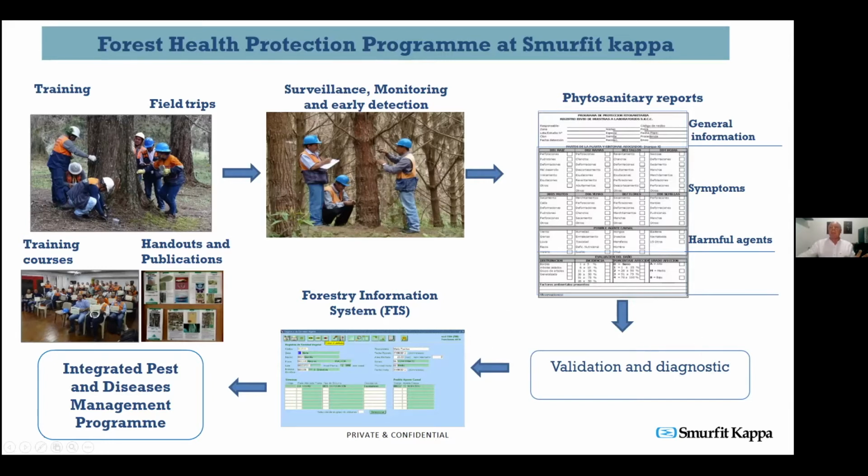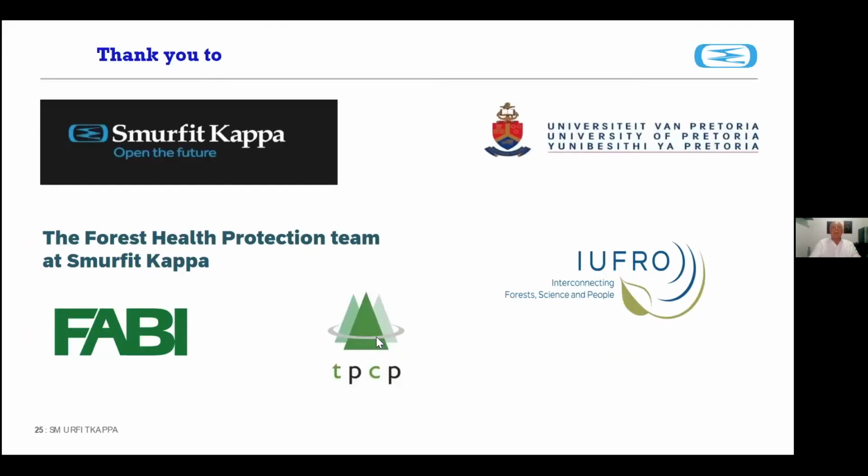After validation, the information goes to the forest information system to be administered. Based on that information, we decide to apply integrated pest and disease management in our program. This is just a summary of our program.